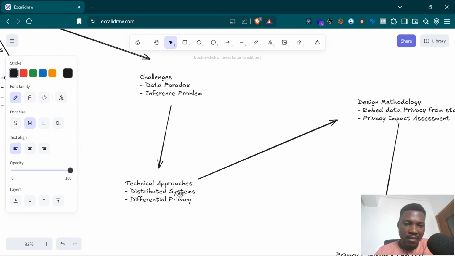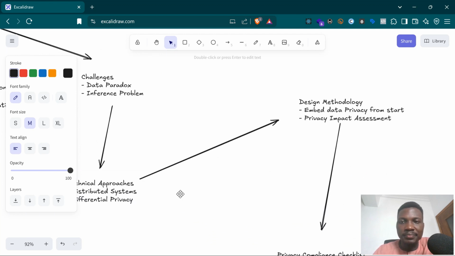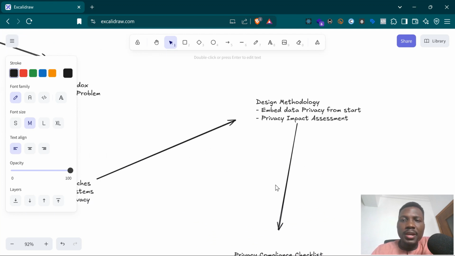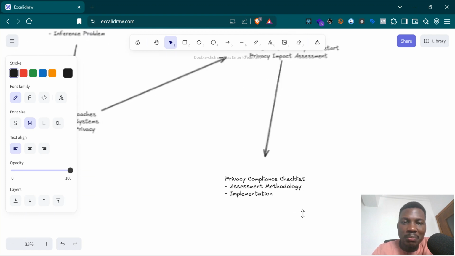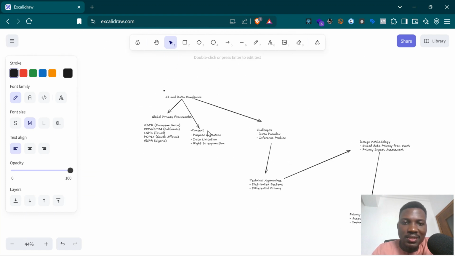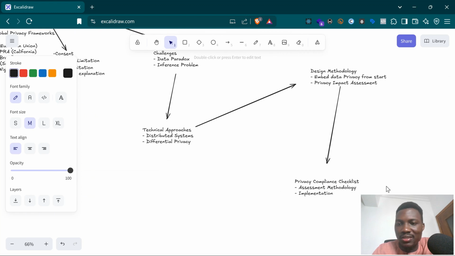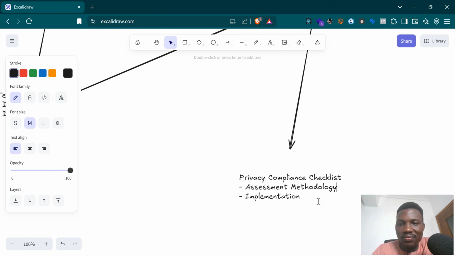Then your differential privacy as well, which talks about the methodology that differentiates what you're doing, especially from other platforms or other models out there. Okay, then design methodology, which is very important. Then privacy compliance checklist. So at the end of the day, of all of these things that we've spoken about, the most important thing is that you have this checklist.